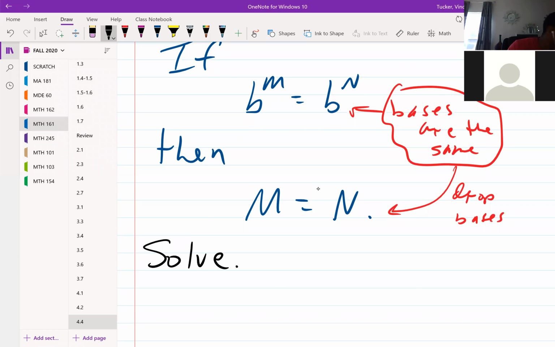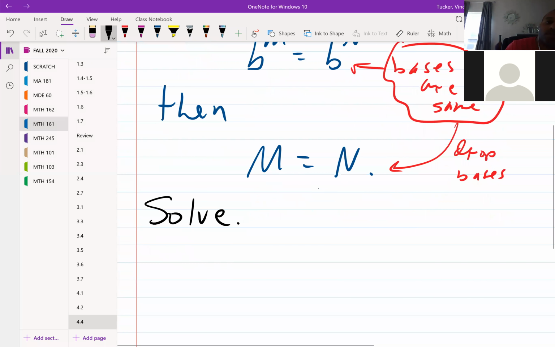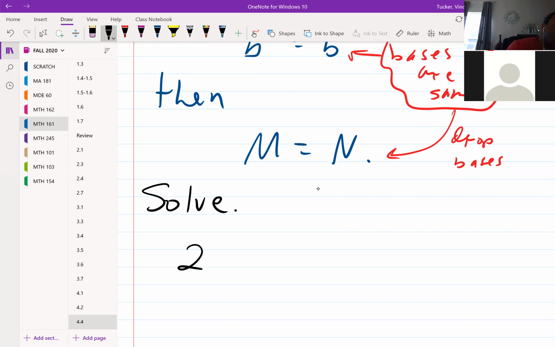So direction could be solve. And we have 2 to the 3x minus 8 power equal to 16. All right.